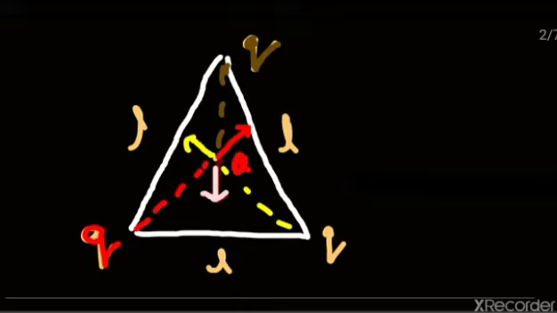Here's one red charge, this is the yellow charge, this is the gray charge. I have shown them with different colors so that you can clearly identify the force vector due to each of these charges.